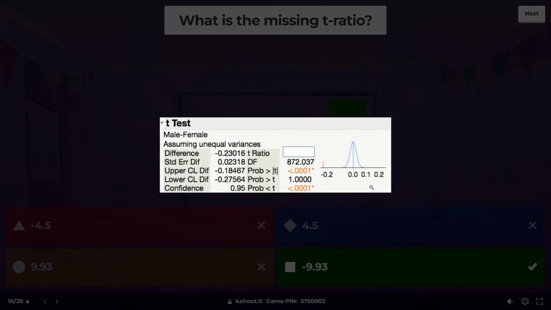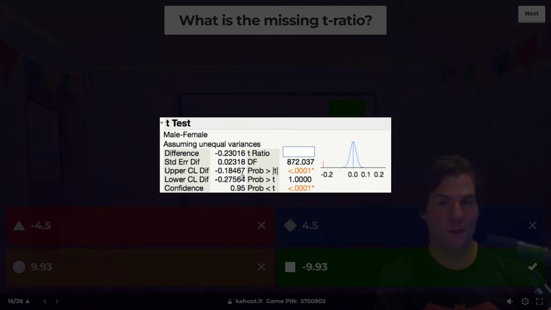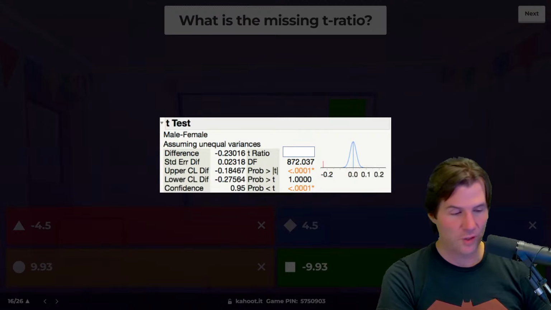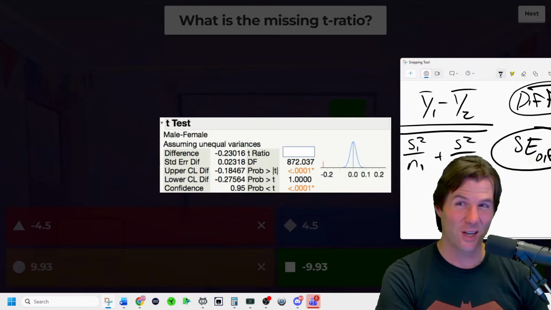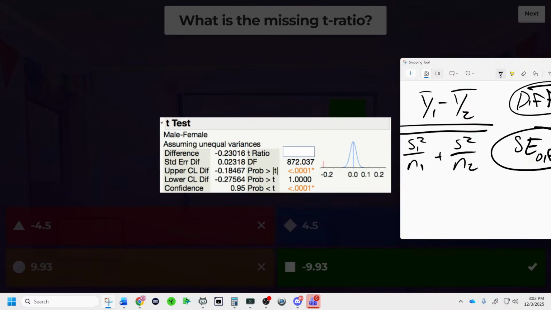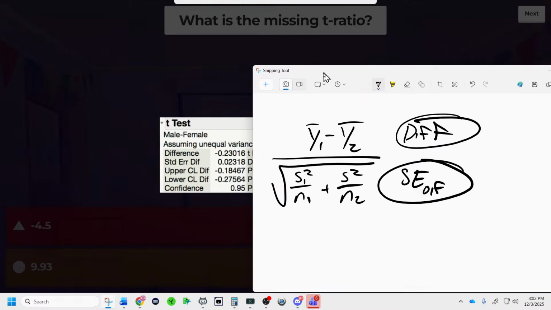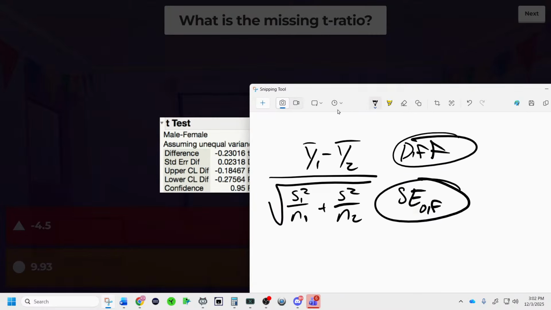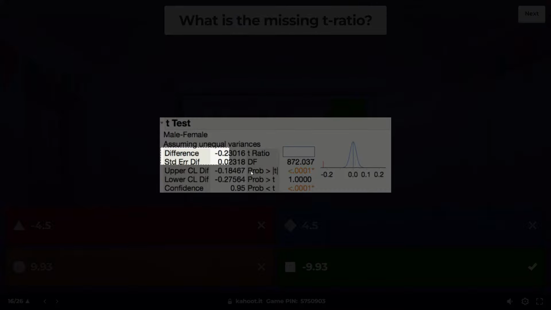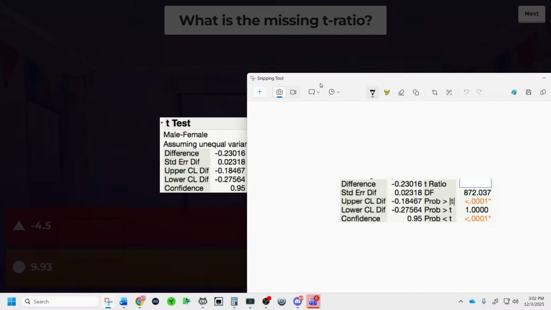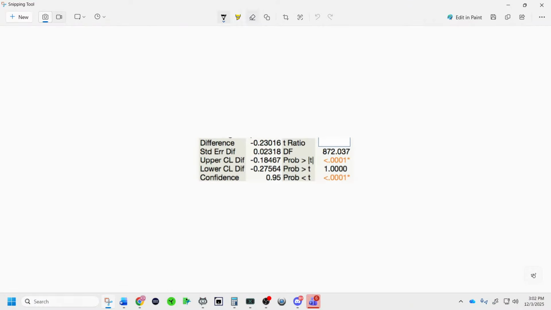It was negative. The difference was negative, so the t-score is going to be negative. Oh, good question right there, Briley. This is a tough theoretical question. We might have changed up how we ask it, but this right here, y bar 1 minus y bar 2, is the difference. So this value here, I'll highlight. y bar 1, y bar 2 aren't on the screen.